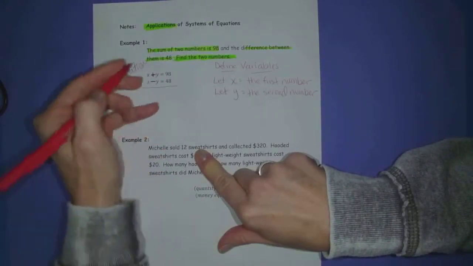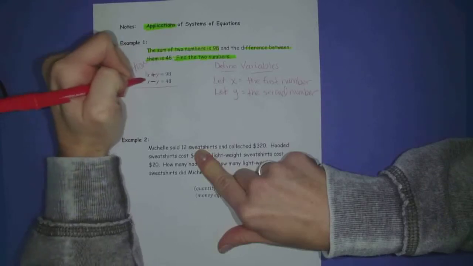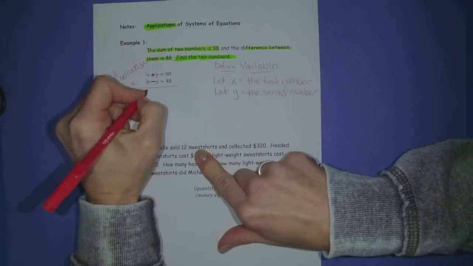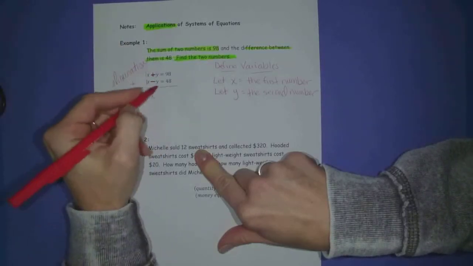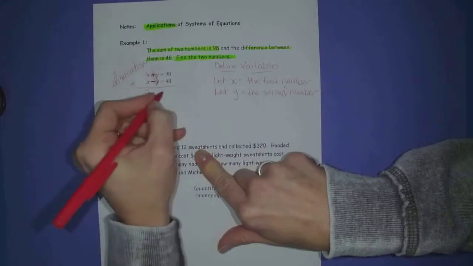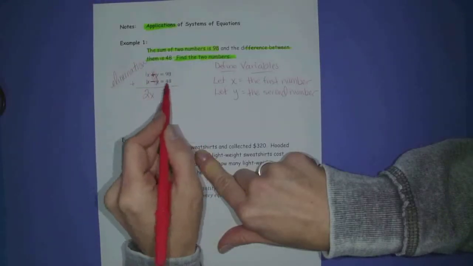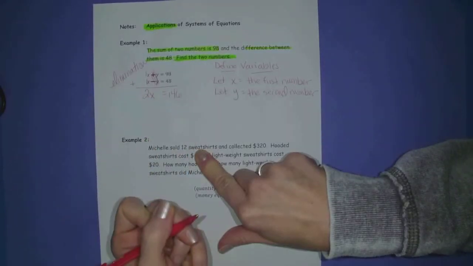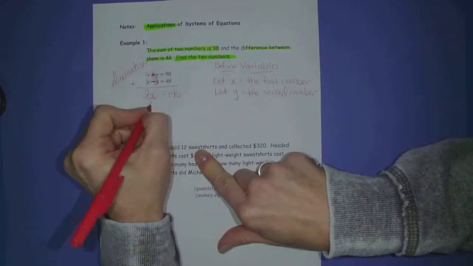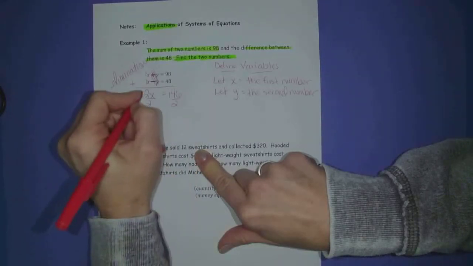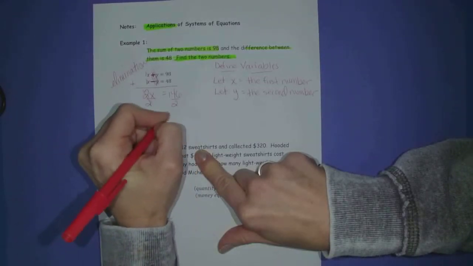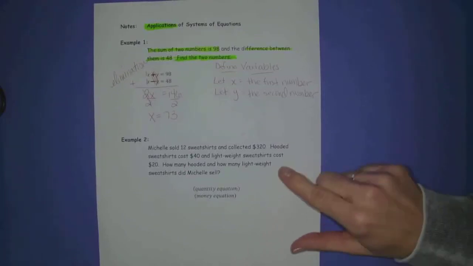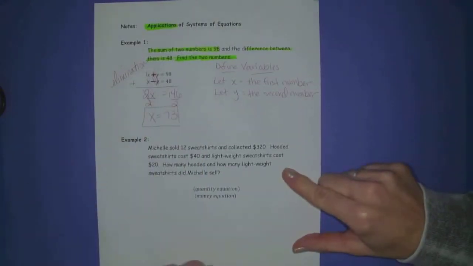When I add straight down, I basically have 1x plus another 1x, which is going to give me 2x, and my y's eliminate, equals 98 plus 48, which is 146. When I divide both sides by 2, I end up with x equals 73. So my first number is 73.